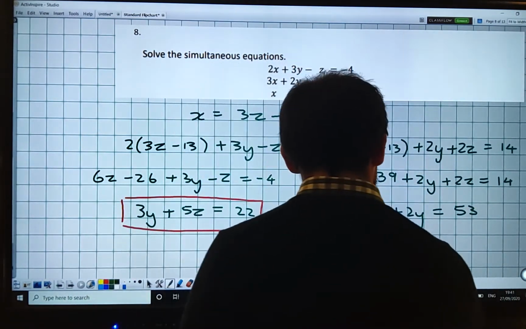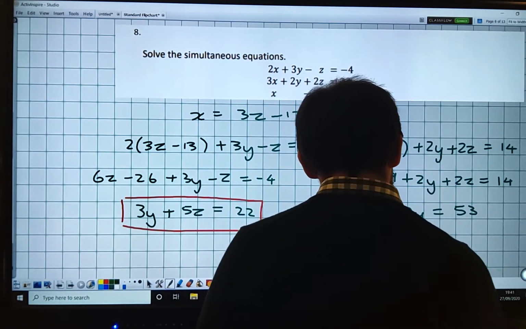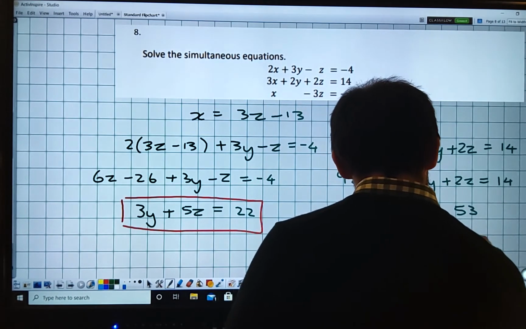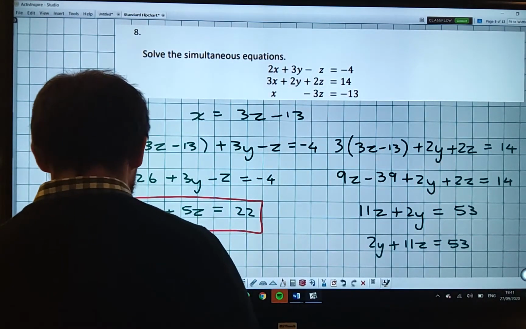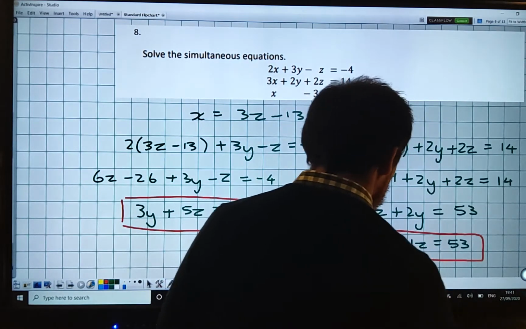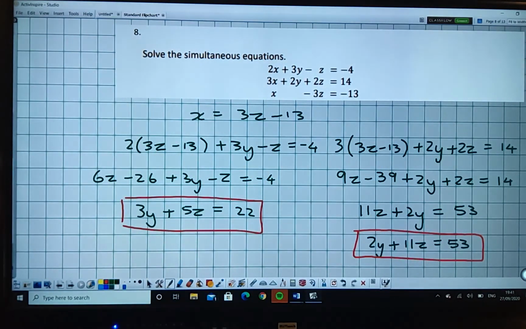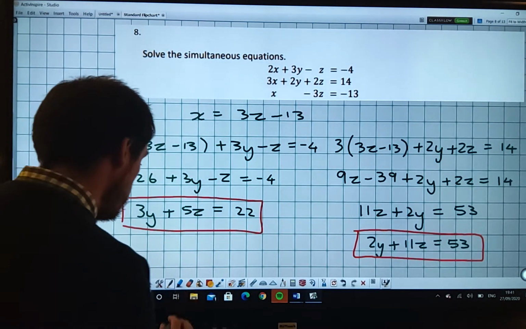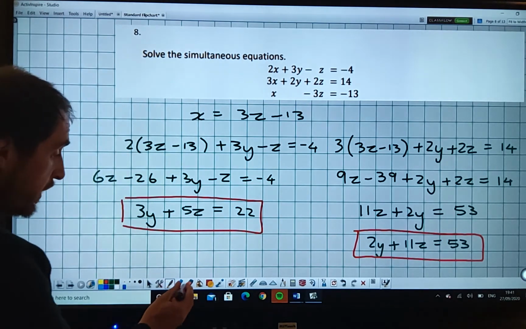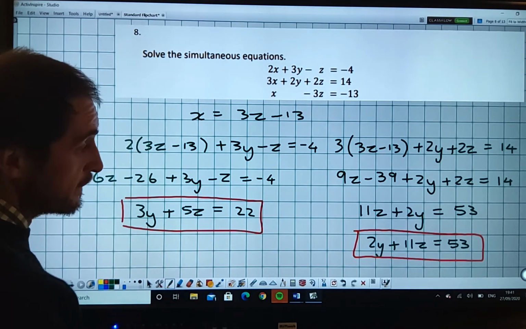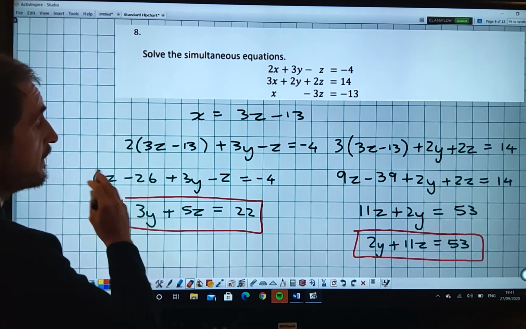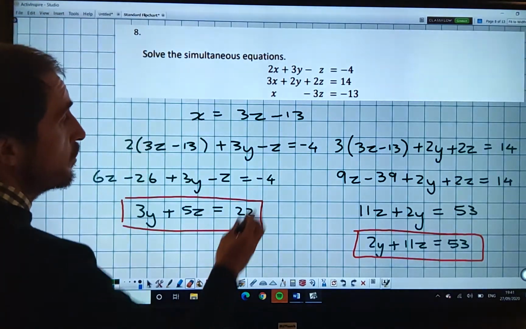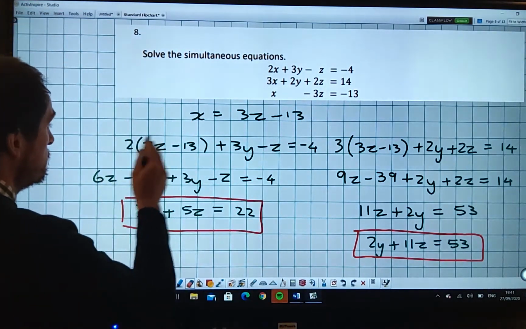So that's going to get me 2y plus 11z is equal to 53. Now I have those 2 equations. I'm going to use them to solve for y and z, and then I can find out what x is. So the key to that one was x is equal to 3z minus 13, which is just by moving that there.